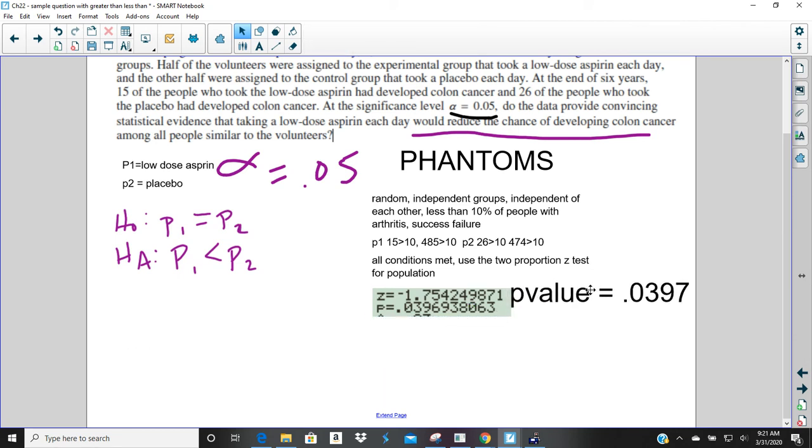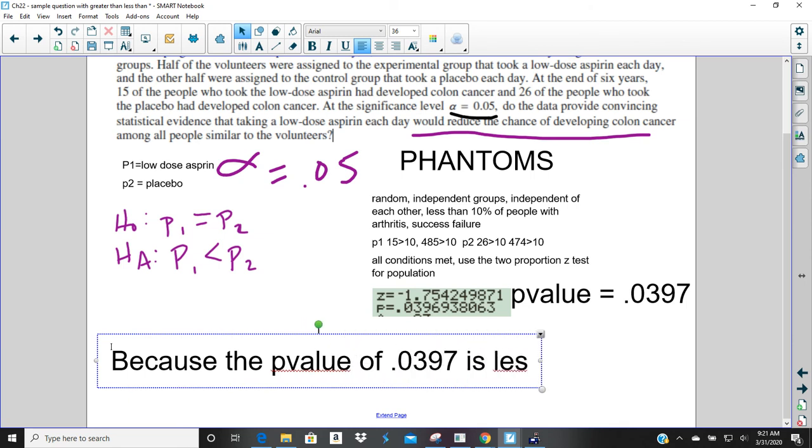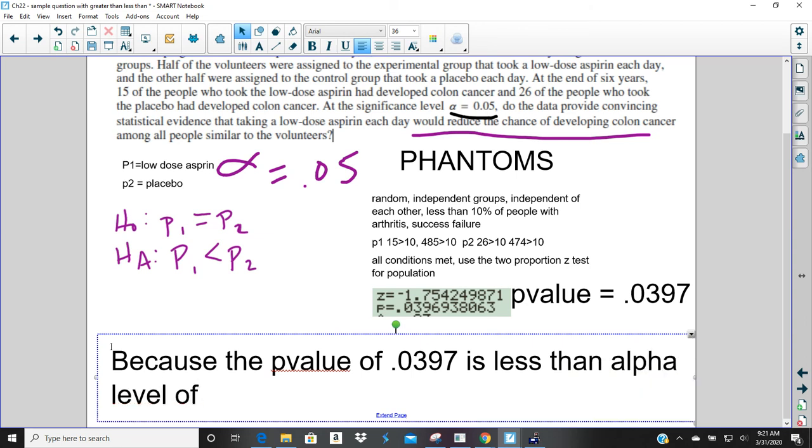I'm going to now make our claim. I'm going to say because the p-value of 0.0397 is less than alpha level of 0.05, we reject the null hypothesis.